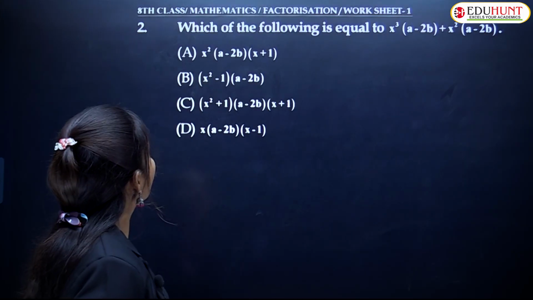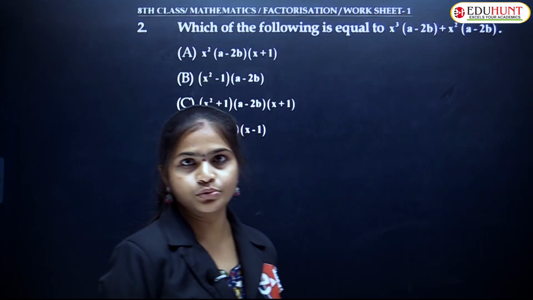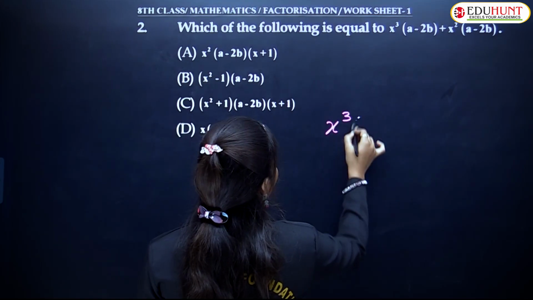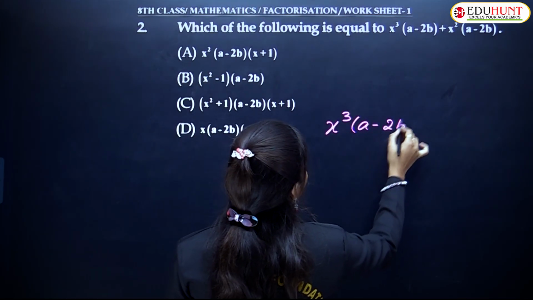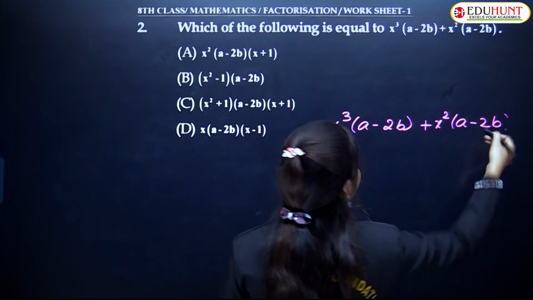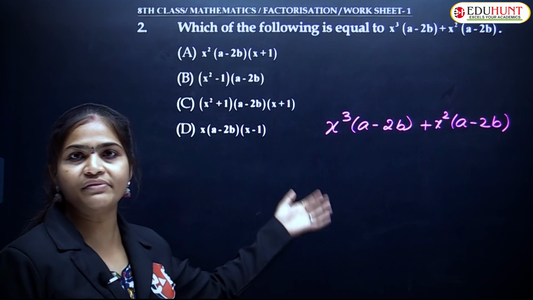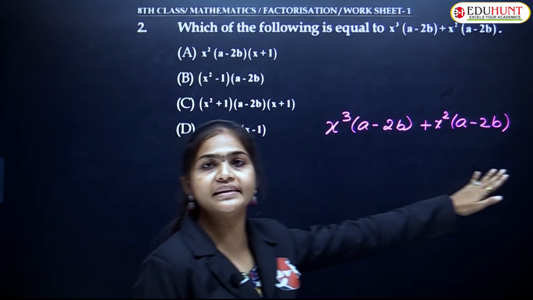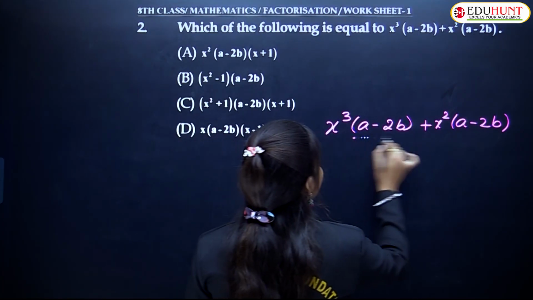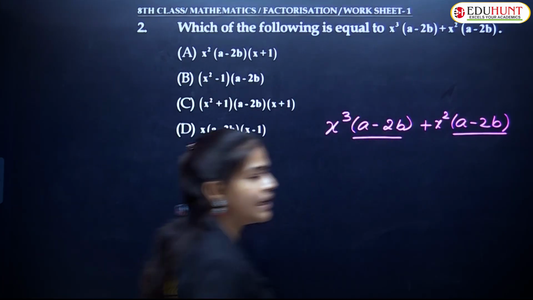Second question. Which of the following is equal to x cube into (a minus 2b) plus x square into (a minus 2b)? This is also the same, just like the previous one. Here also first we have to write the common factors. What are the common factors here? a minus 2b, and here a minus 2b is there.